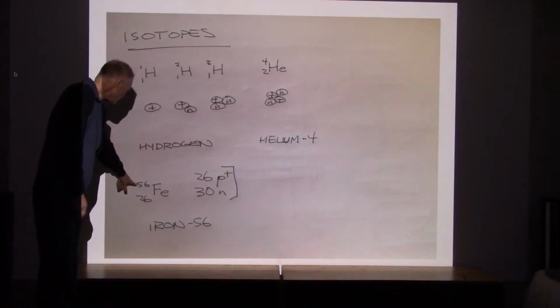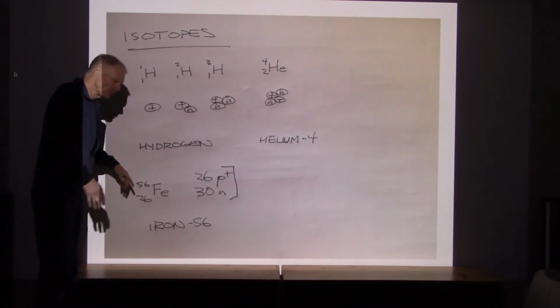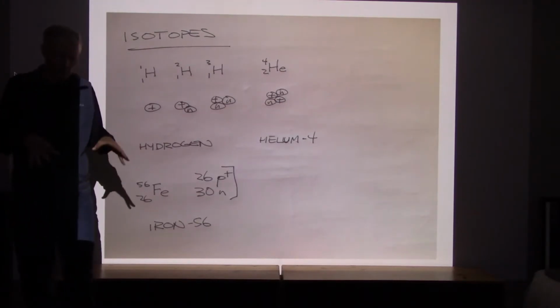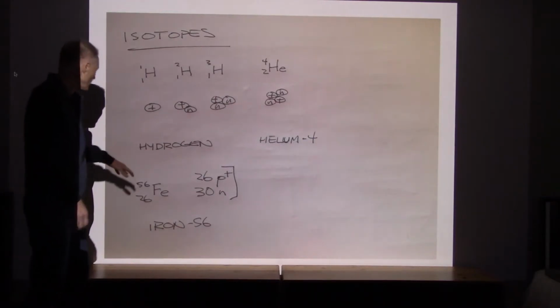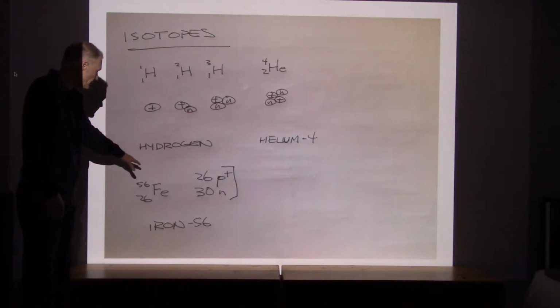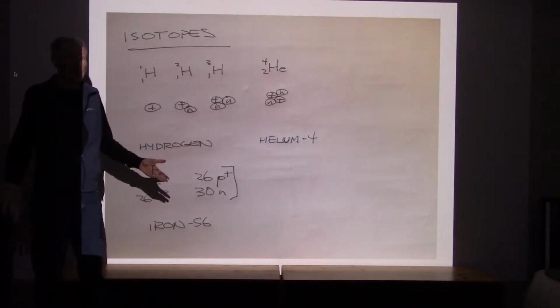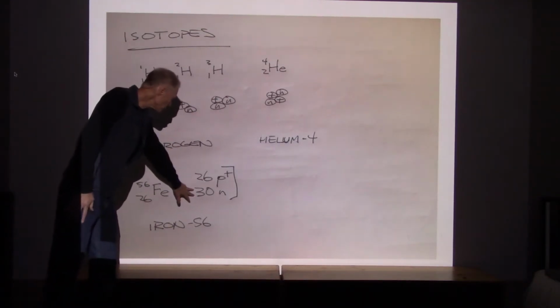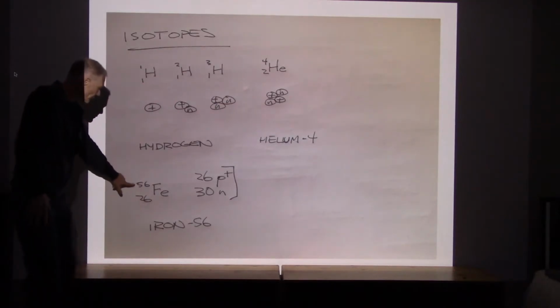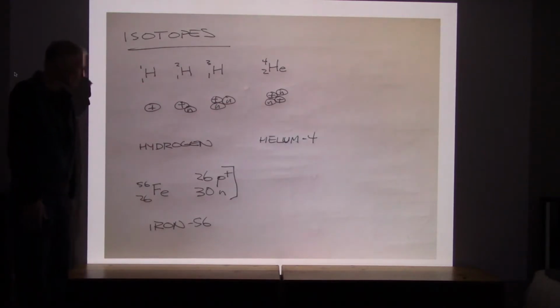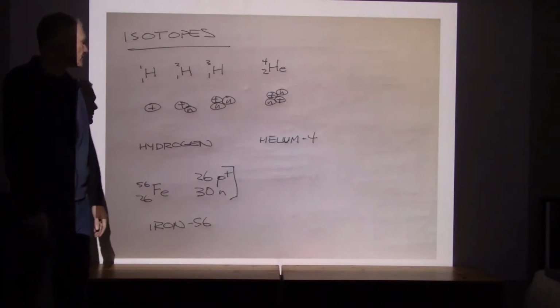The 56 is the combined number of protons and neutrons. So that would say that iron 56 has 26 protons because, hey, it's iron, and 30 neutrons makes up the difference between those two numbers, and we would refer to that as iron 56.